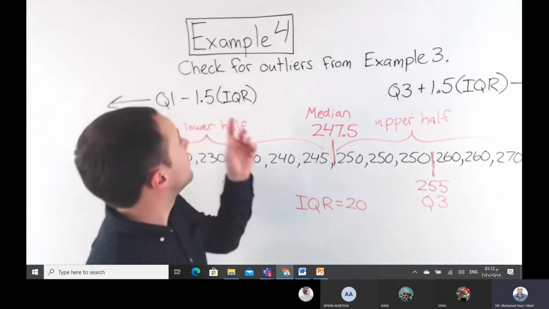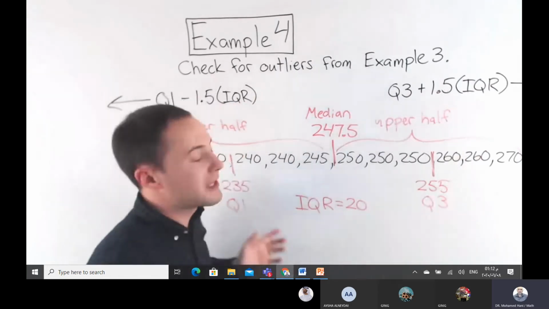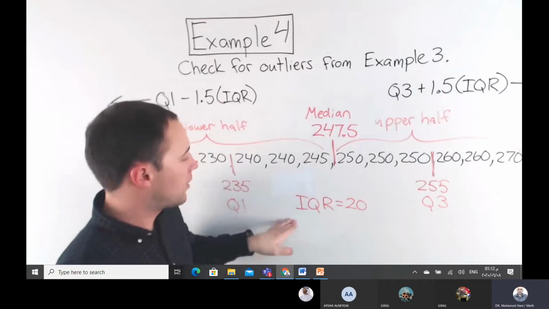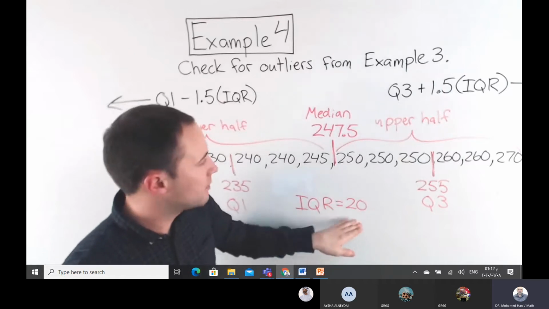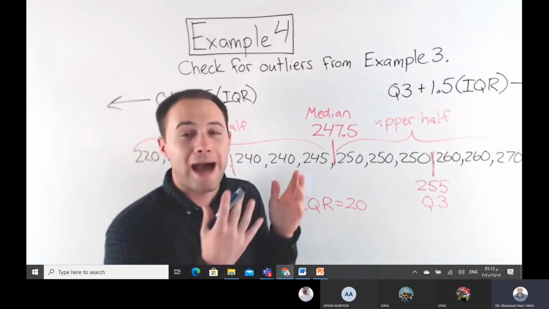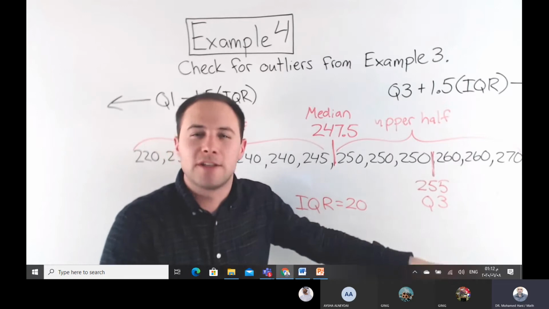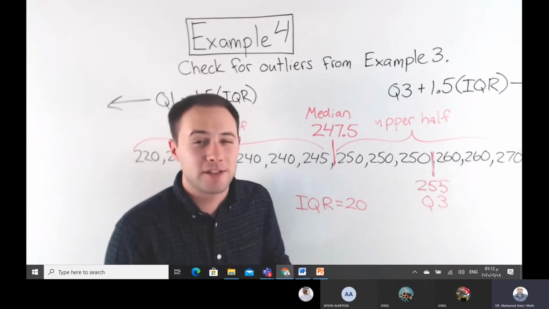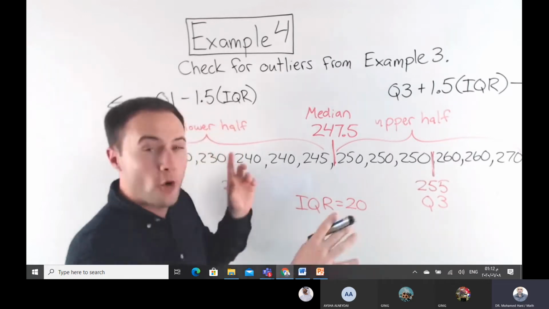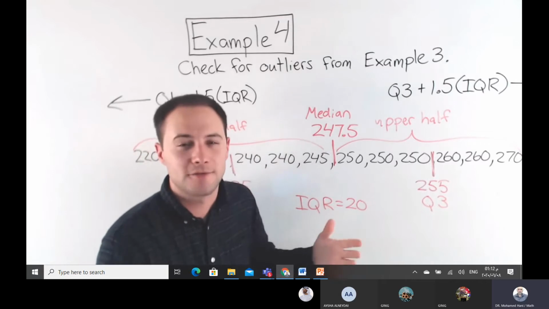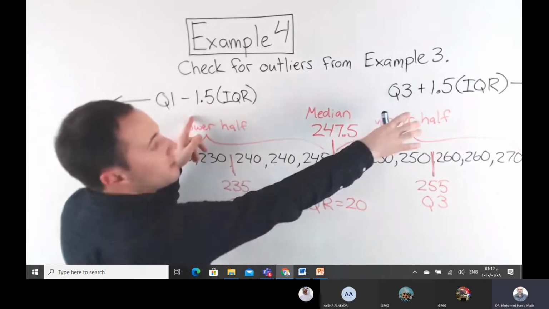All right, here's our last example. Check for outliers from example 3. I left all of our work. We've got our interquartile range here, which was 20. Now, a lot of times it's going to be obvious if you have an outlier, but if it's not obvious and you're not sure, we have formulas that tell us if we have outliers. So these are them.